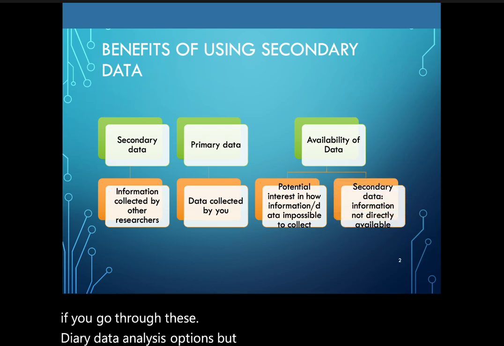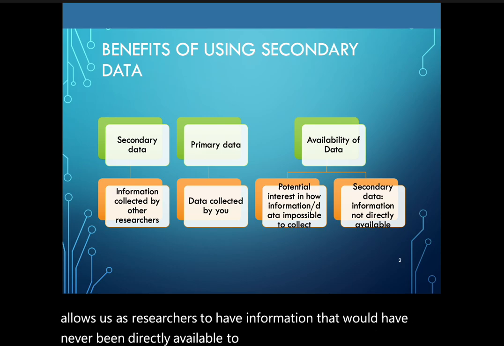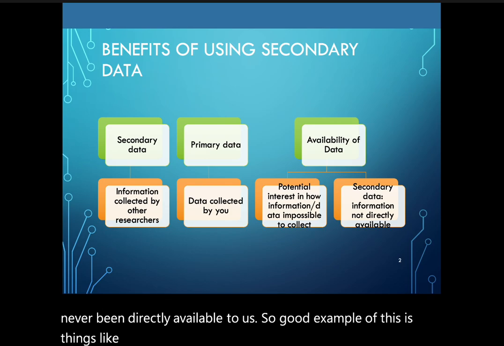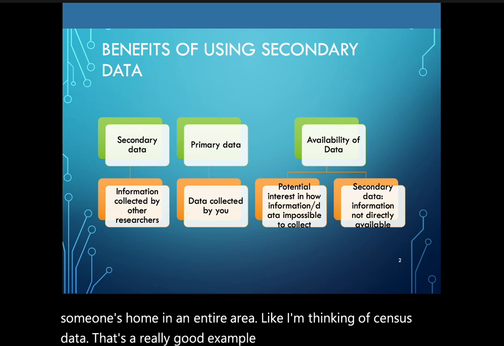But also, accessing secondary data allows us as researchers to have information that would have never been directly available to us. So, a good example of this is things like average income or how many people are living in someone's home in an entire area. Like I'm thinking of census data. That's a really good example of secondary data.